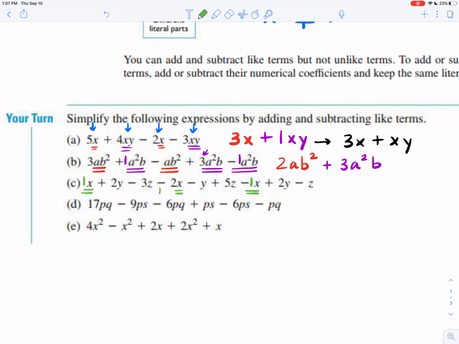Here I've got minus 2. Now be careful with signs. 1 minus 2 is negative 1. And then I've got a minus 1 here. Negative 1 minus 1 would be negative 2. And the literal part x would stay the same.